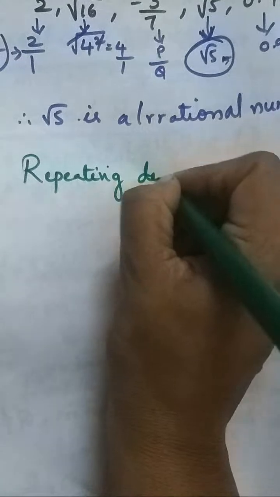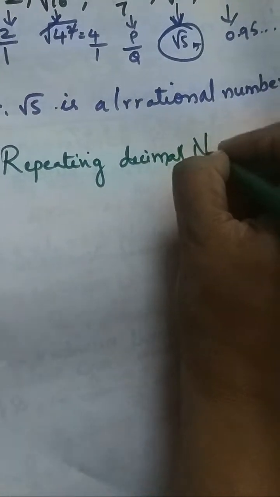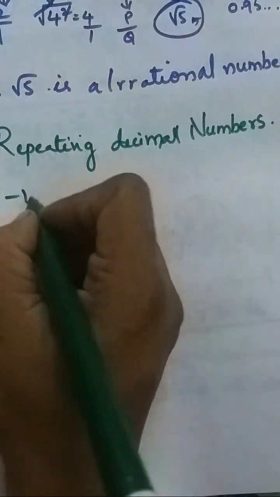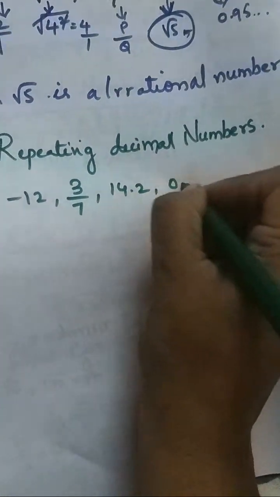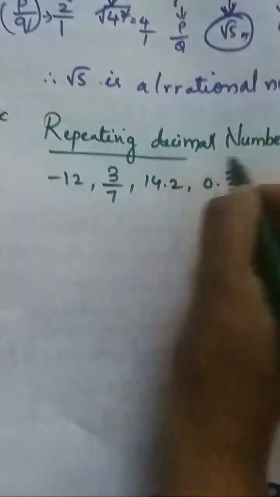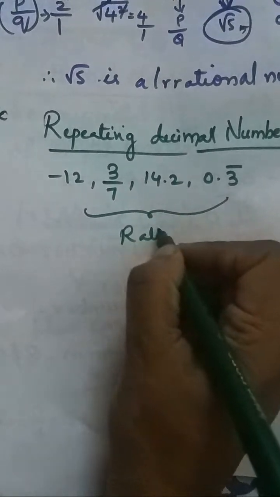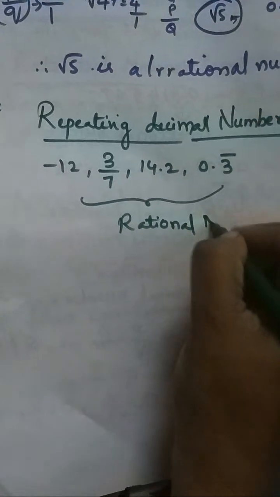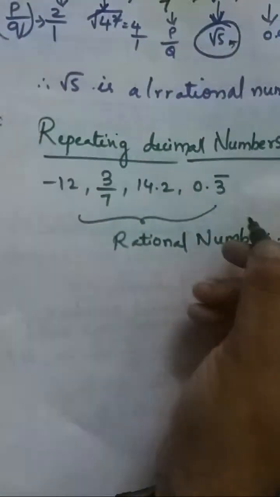Repeating decimal numbers are rational numbers, that are minus 12, 3 by 7, 14.2, 0.3 bar, and so on. In these repeating decimal numbers, these are all rational numbers. How will you say these are all rational numbers?